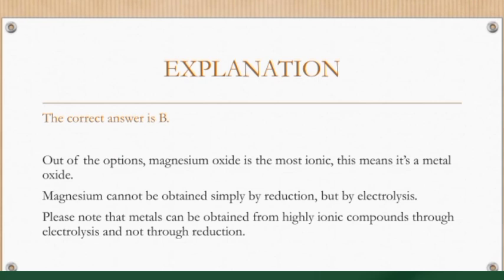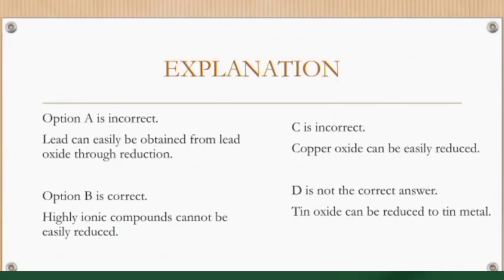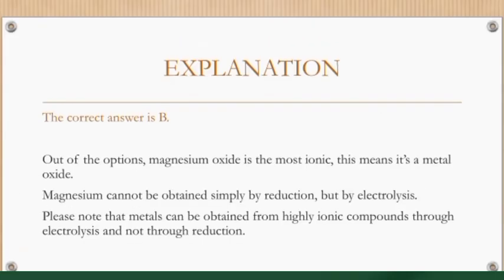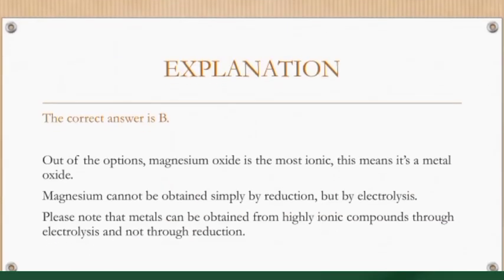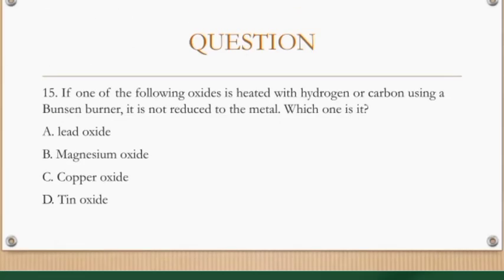If you look at your electrochemical series, you can see potassium, calcium, but the metals that are not that high, those can be prepared by reduction. So your lead, your copper, your tin can be reduced to their metal. I hope you got this question. So magnesium oxide is the correct answer, because it is the most ionic metal in the question.